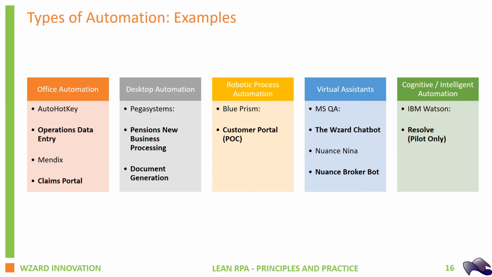Moving on to desktop automation, we have Pegasystems. Now, Pegasystems acquired a company called OpenSpan, a provider of both attended and unattended automation. And the pensions new business process involved data being keyed across 7 different applications, both internally hosted and public cloud, browser-based applications. Internal applications also involved Citrix installation and was a variety of different technologies.